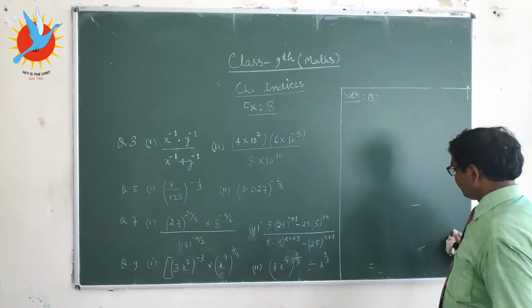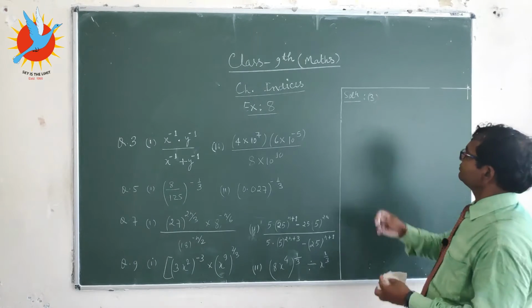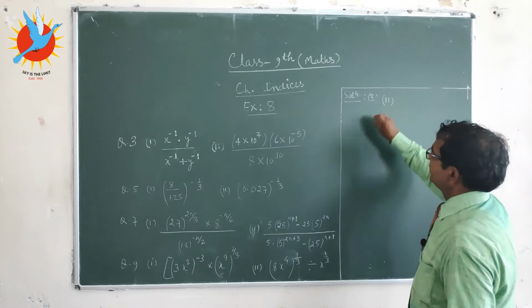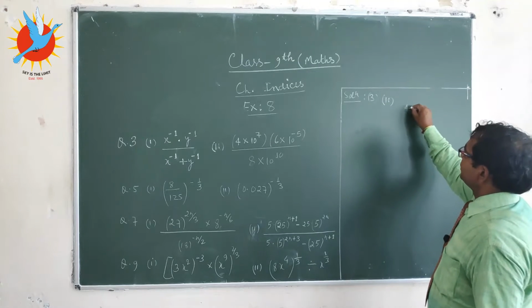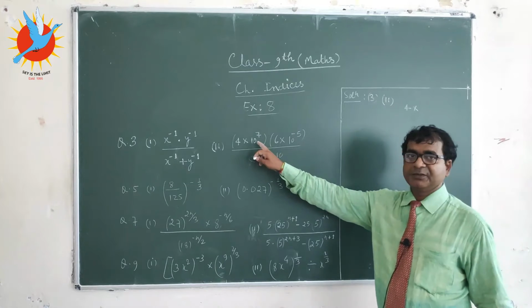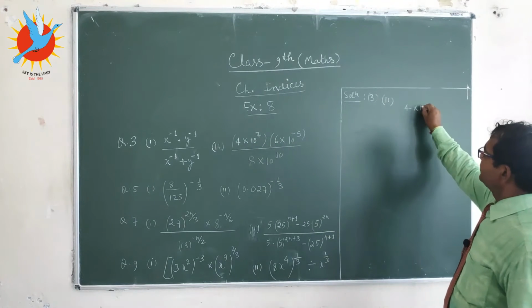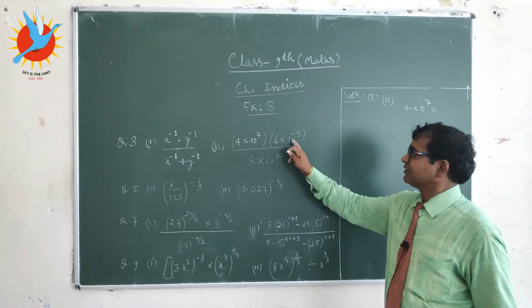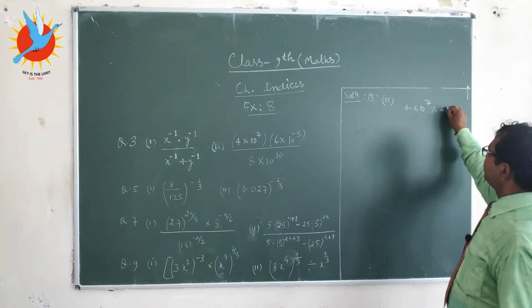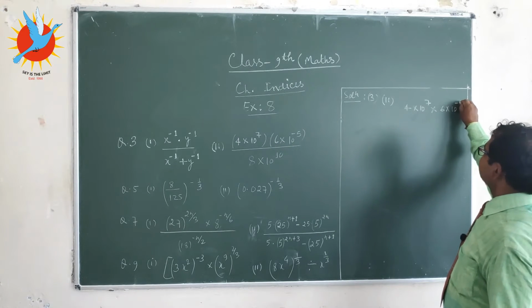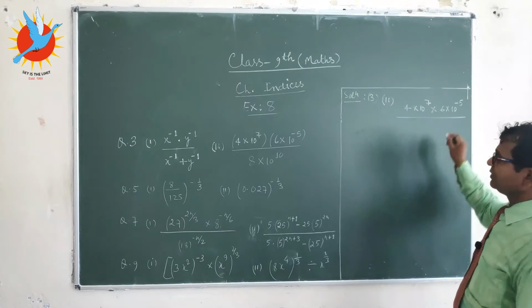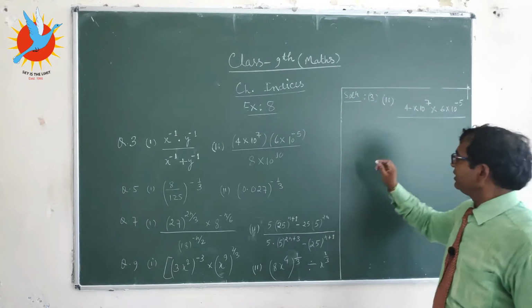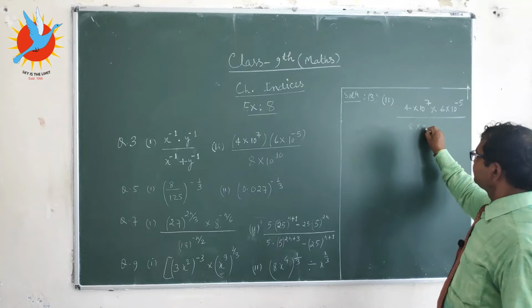Second part of question number 3 is 4 into 10 to the power 7 multiplied by 6 into 10 to the power minus 5 upon 8 into 10 to the power 8.